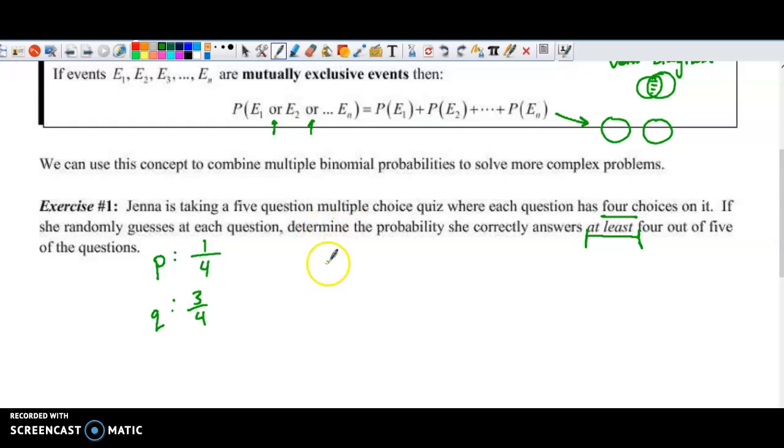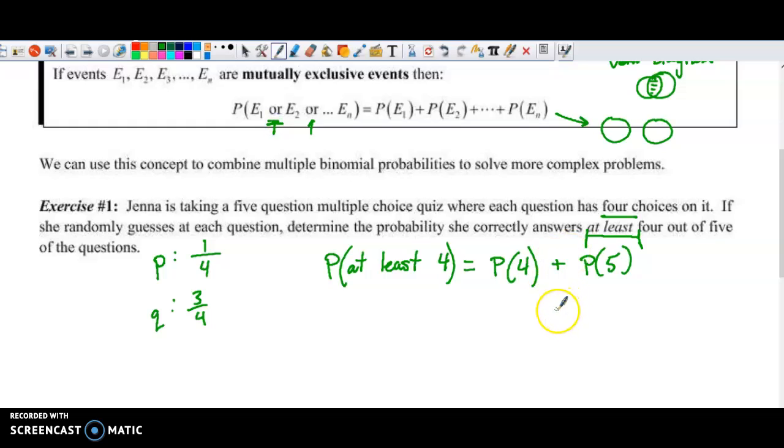The probability of being at least 4 would be the same thing as the probability of 4 or the probability of 5. I use the word or on purpose because we add those two probabilities together. And it's impossible to get 6 questions right when it's a 5-question quiz.